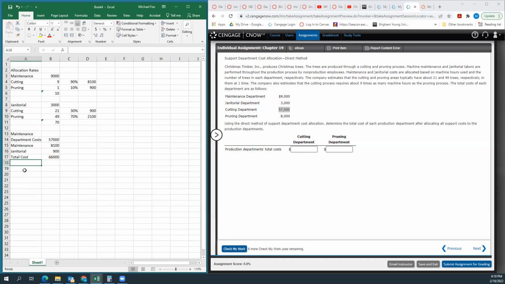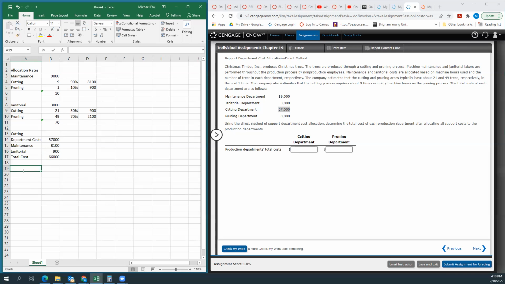Oh, you know what? That was confusing. This should be the cutting department. So the cutting department will have 57,000 in department costs, 8,100 in maintenance costs, and 900 in janitorial costs.